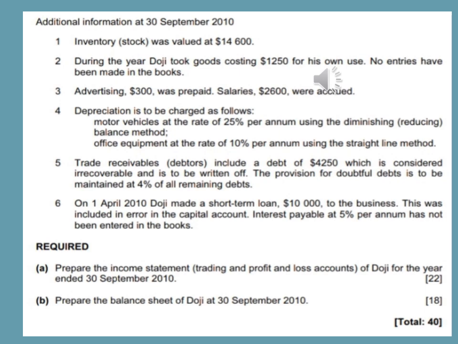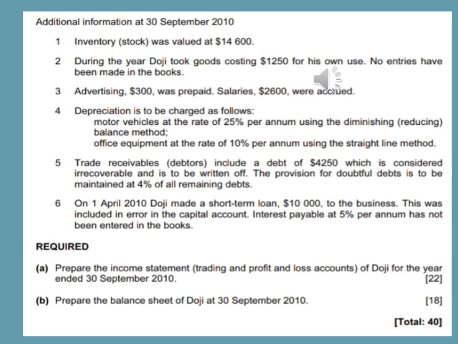Now salaries. Salaries 2,600 were accrued. What does this mean now? That $2,600 for salaries was still being owed, and that remained unpaid on 30th September 2010, on the last date.